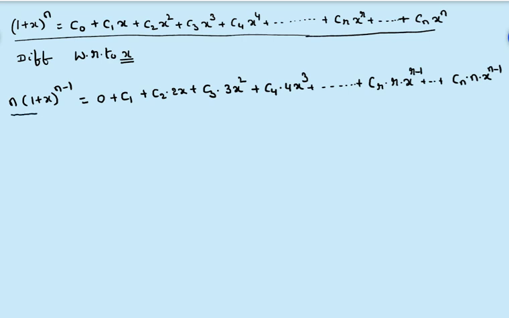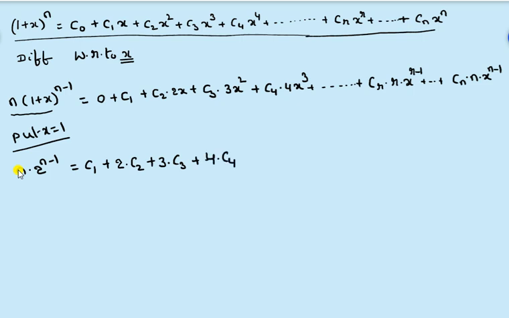Now here if you substitute x is equal to 1, then what we will get? N into 2 to the power of n minus 1 is equal to C1 plus 2 into C2 plus 3 into C3 plus and so on, or plus 4 into C4.